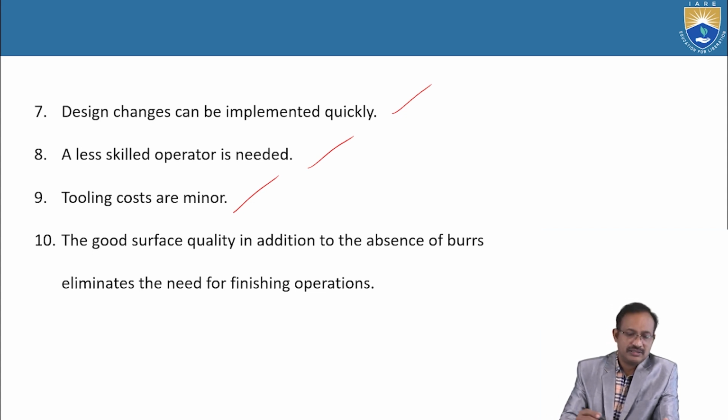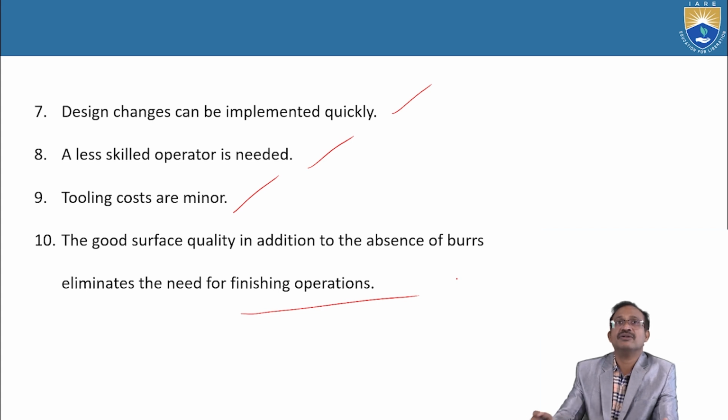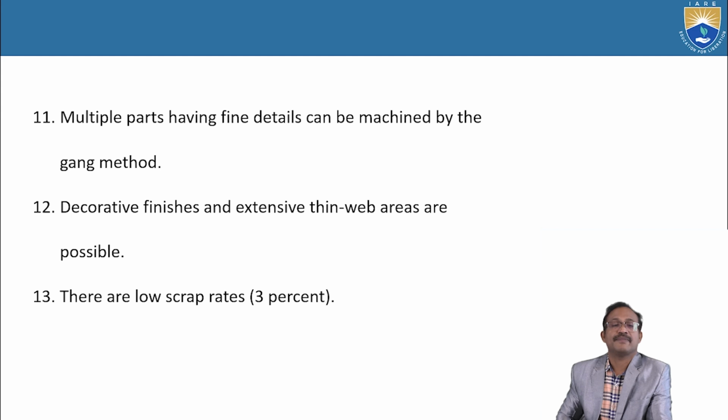Good surface quality, in addition to the absence of burrs, eliminates the need for finishing operations. We have discussed that in conventional machining processes, we have to adopt other finishing operations even after milling, drilling, or any other machining process. But here it is not required because we already get good surface quality. No question of burrs, as already discussed.